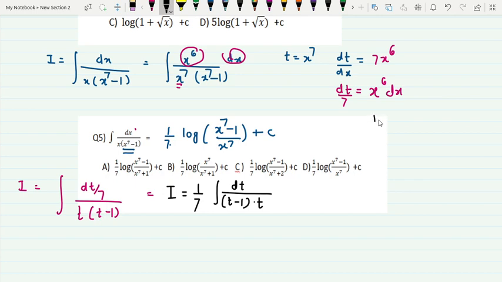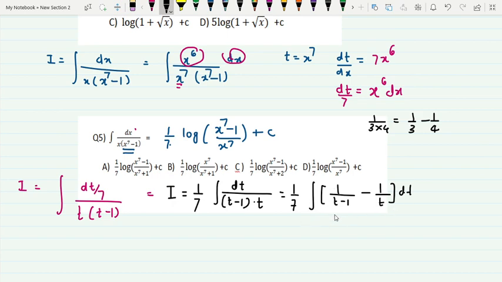See, for example, 1 by 3 into 4, this we write 1 upon 3 minus 1 upon 4. So you can write it as integral 1 upon 7 is there, so 1 upon t minus 1 minus 1 upon t and then dt.